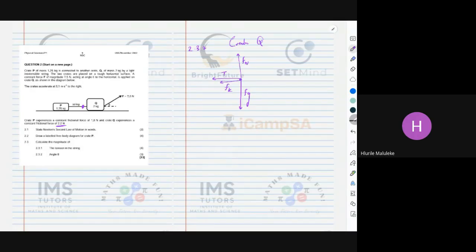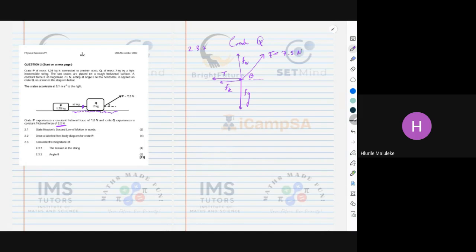Don't forget, please. Sometimes they tell you that so that you don't forget, you can just put here your rough surface so that you know this is friction. Then I have my force here, which is at an angle, F equals 7.5 newtons, right?